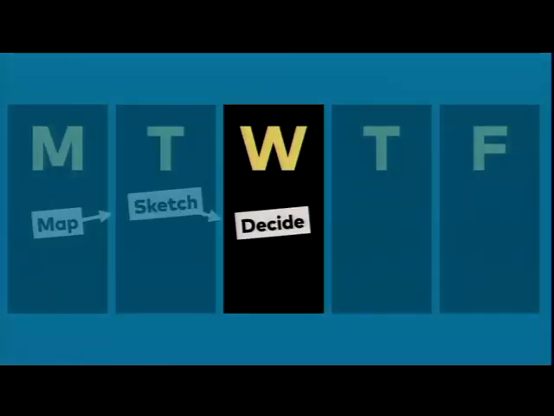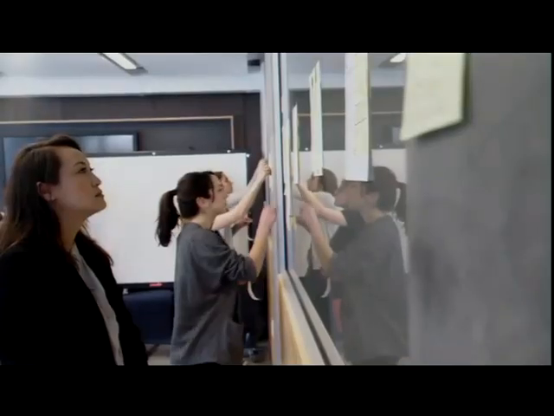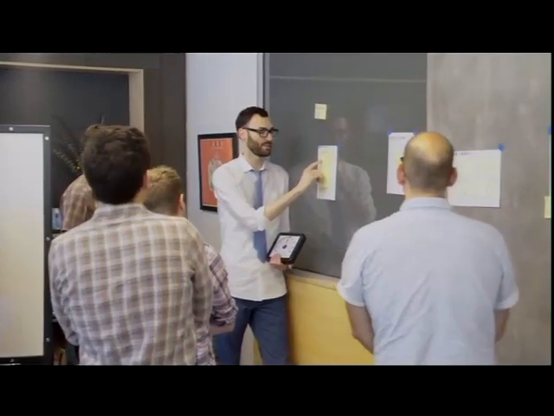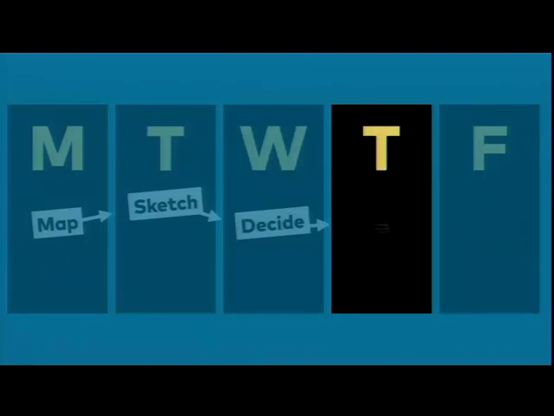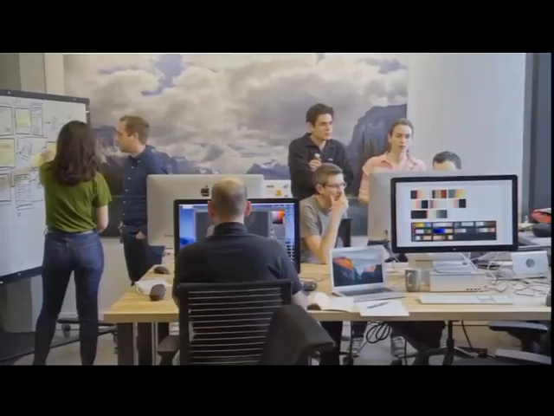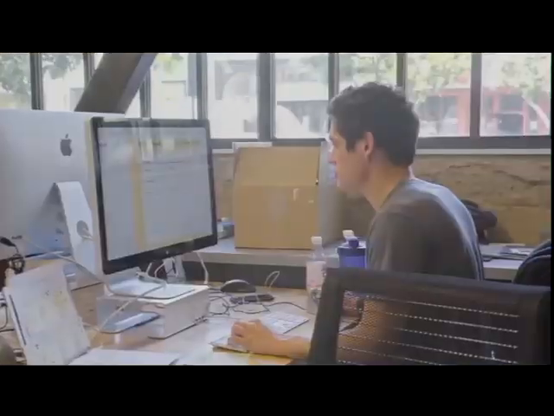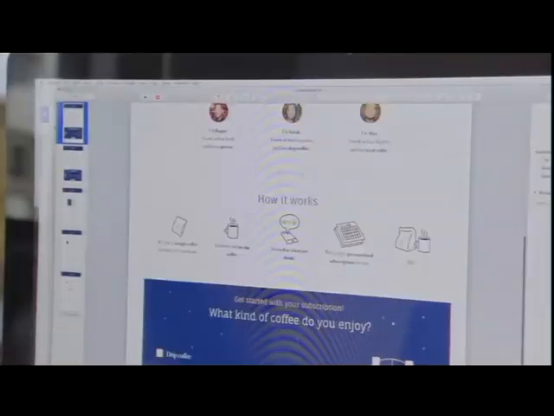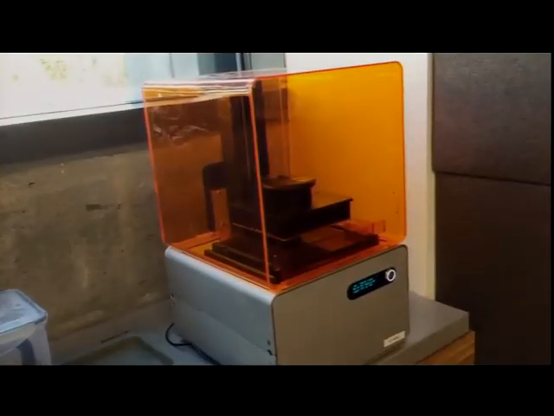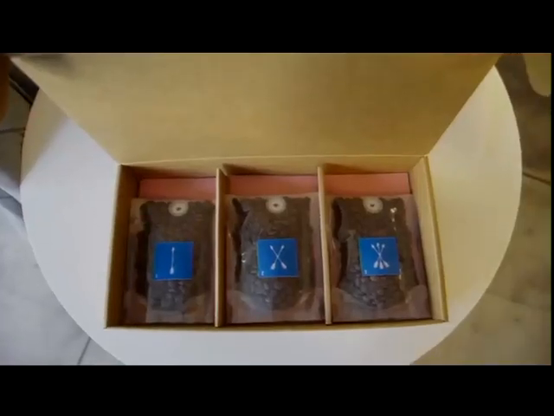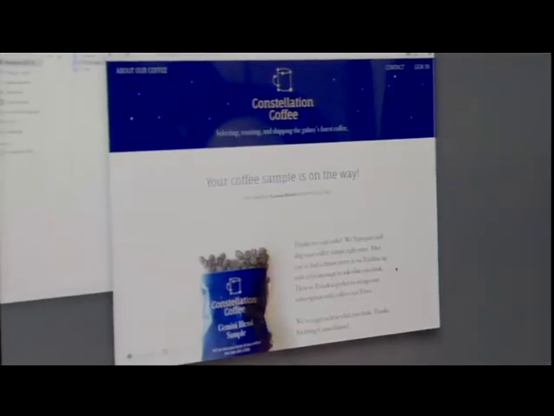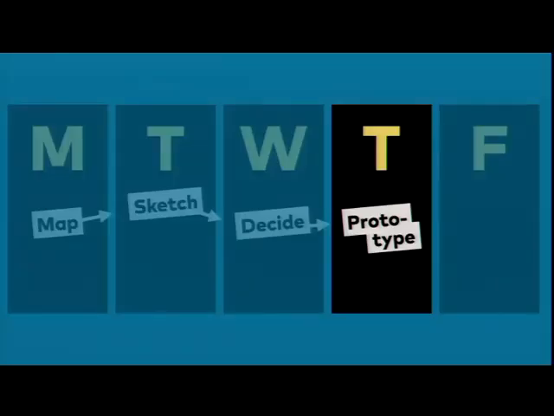On Wednesday, you'll pick the best solutions. Instead of endless debate, you'll use a structured decision-making process. On Thursday, you'll build 1, 2, or even 3 realistic prototypes. These prototypes are just a facade of a finished product. You can use tools like Keynote, Marvel, and Envision to create fake apps and websites, or to quickly prototype hardware, you can use a 3D printer or modify an existing product, or just prototype the marketing materials.